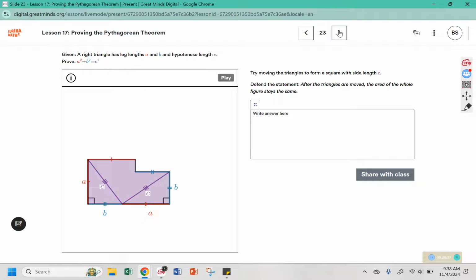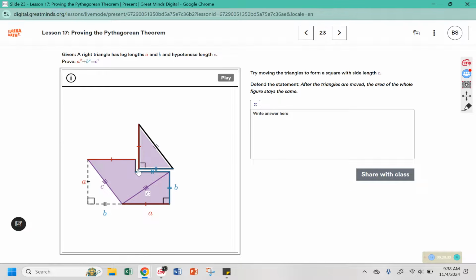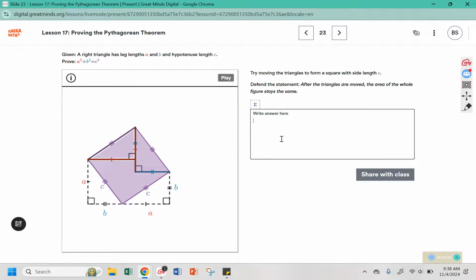Okay, try moving the triangles to form a square with a side length of c. So we're going to move these guys around. Let's see if we can pop them over here just by translating. Now we have a square with a side length of c. It says defend the statement. After the triangles are moved, the area of the whole figure stays the same.